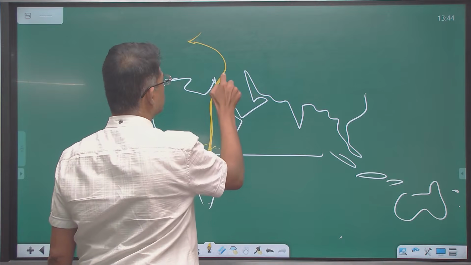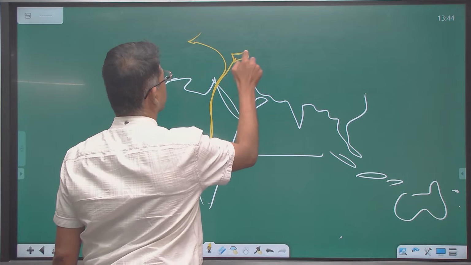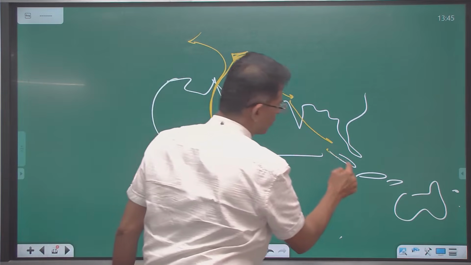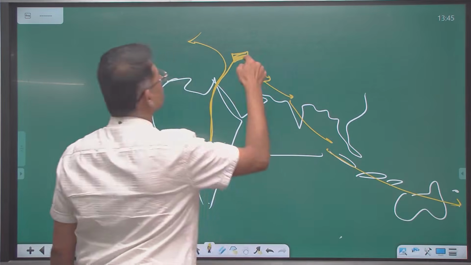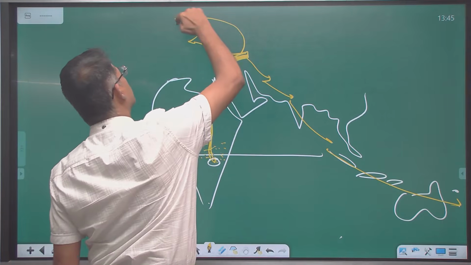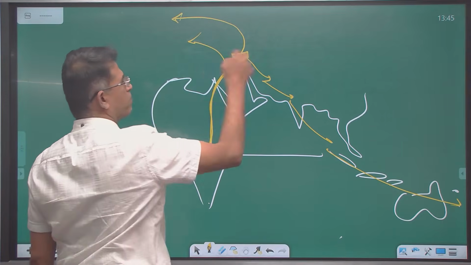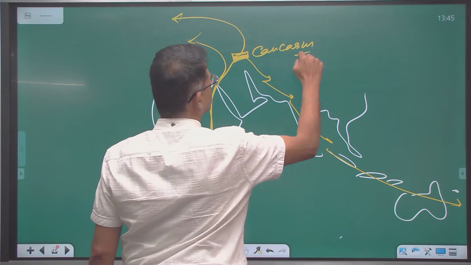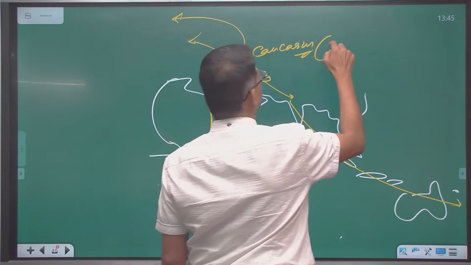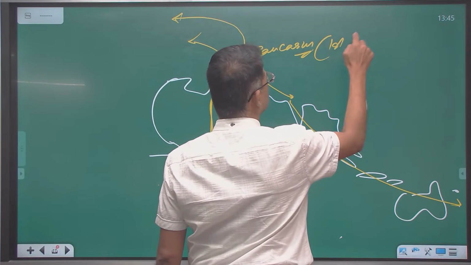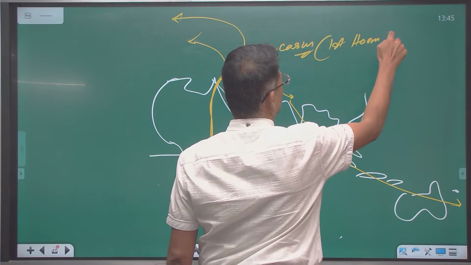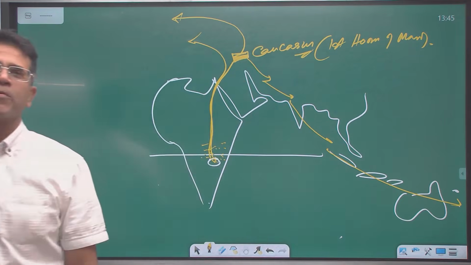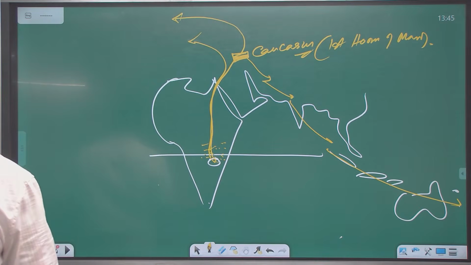One more branch goes here. From here, migrations like this. From here, we also have migrations towards Europe. This area is called the Caucasus. This was one of the first homes of man.